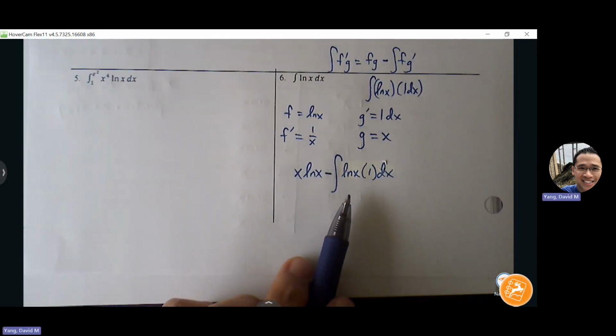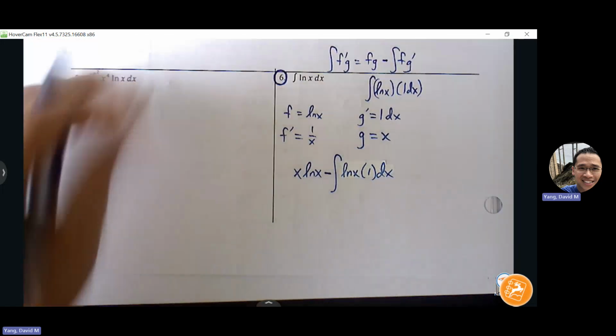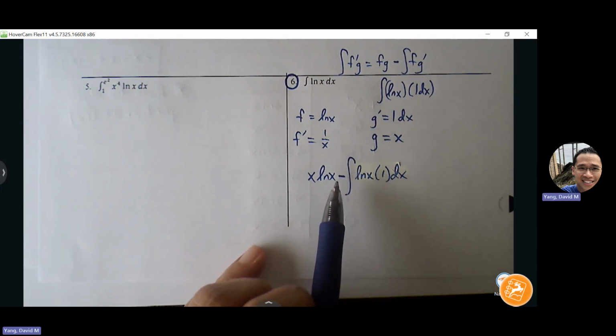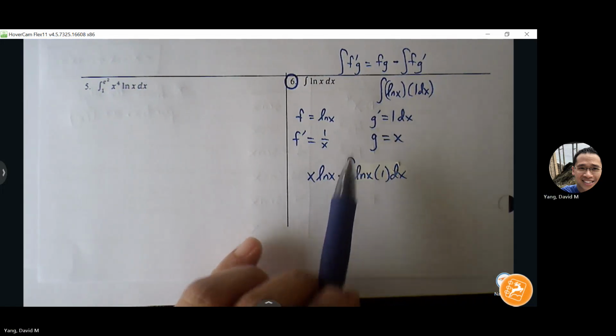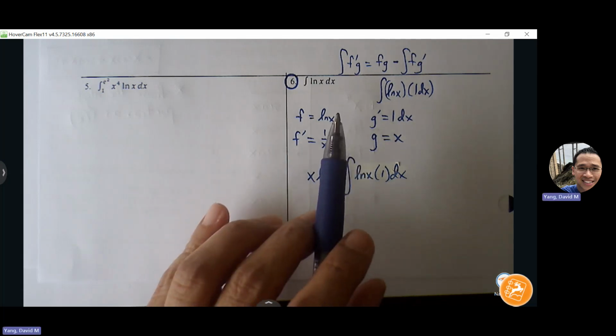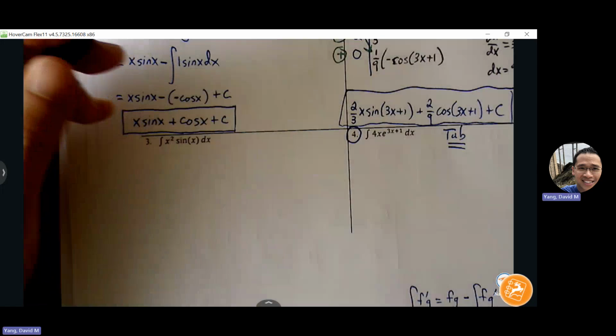Wait, this one may require another nested one. Sorry, guys. Let me come back to this one. Oh wait, I did it backwards. Oh, f g prime. My bad, guys. F g prime.